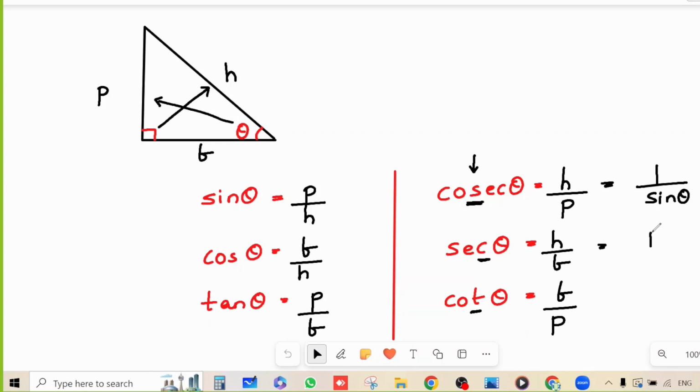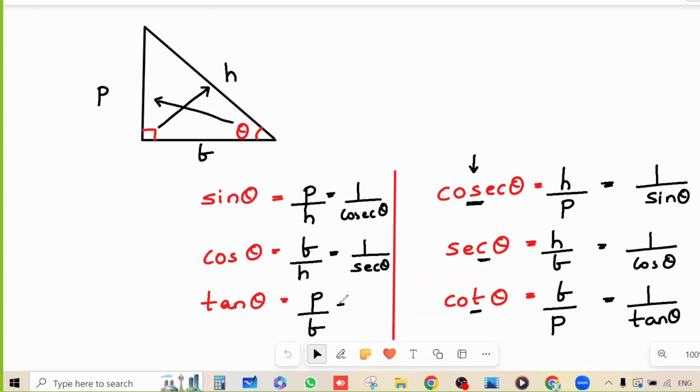Sec theta is equal to 1 upon cos theta, and cot theta is equal to 1 upon tan theta. We can write similar expressions for sin theta now. So sin theta is equal to 1 upon cosec theta. Cos theta is equal to 1 upon sec theta, and tan theta is equal to 1 upon cot theta.